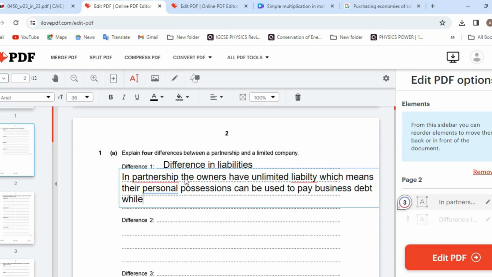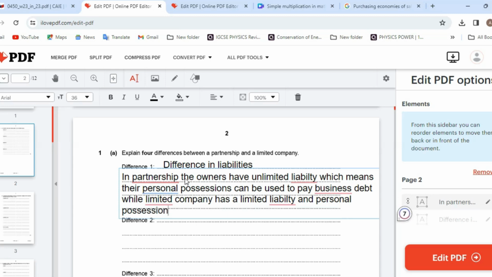Let's put why a limited company has limited liability, and their own personal possessions are safe. That's it. That's the first difference in a partnership.